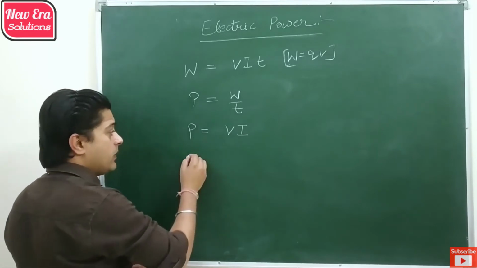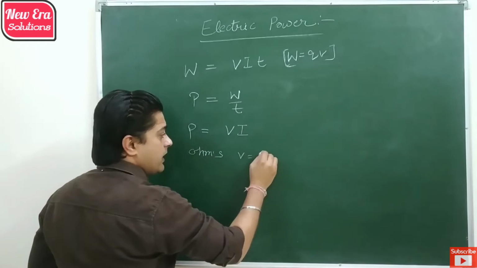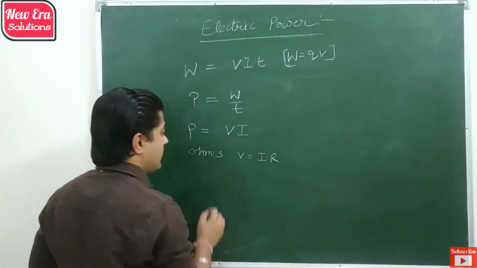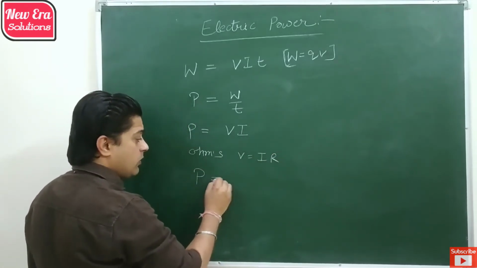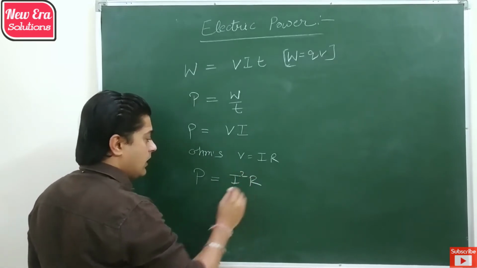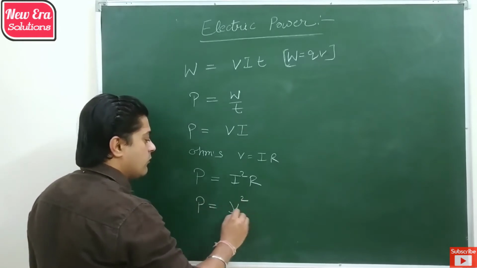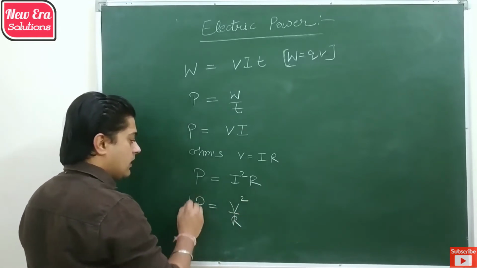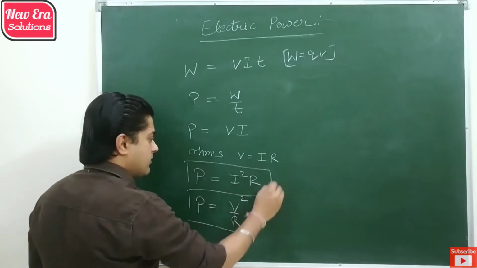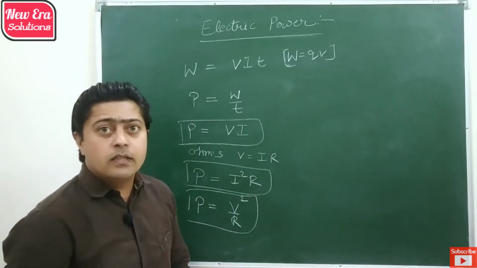Then again, by using Ohm's law, we also have V is equal to IR. Then the second form of electric power is I square into R, or the third form is P is equal to V square by R. So by using these three formulas, we can obtain the electric power of a system.